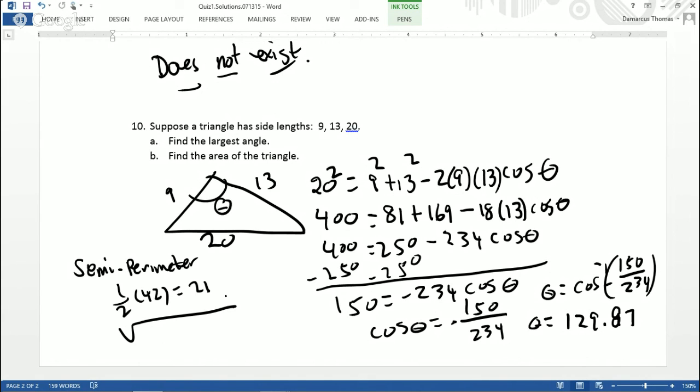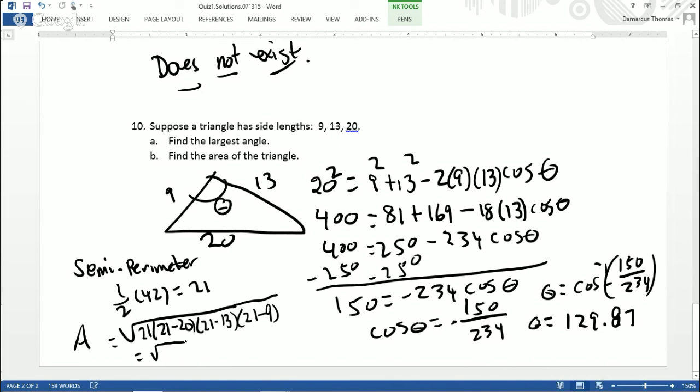We get the square root of s times s minus a times s minus b times s minus c: 21 times 21 minus 20 times 21 minus 13 times 21 minus 9. And that's going to give us the area.